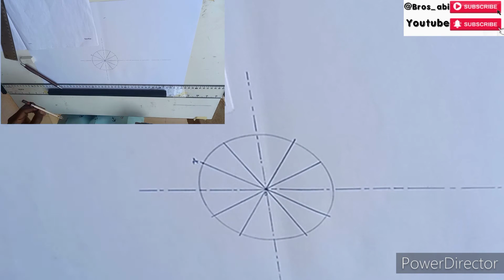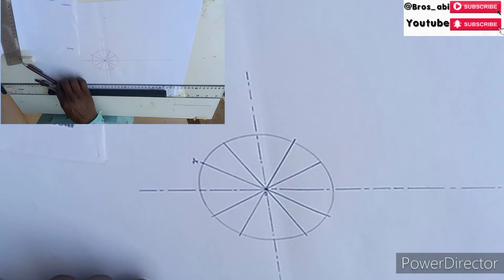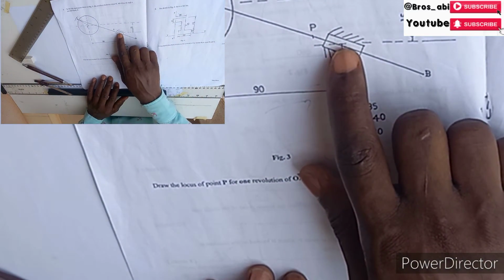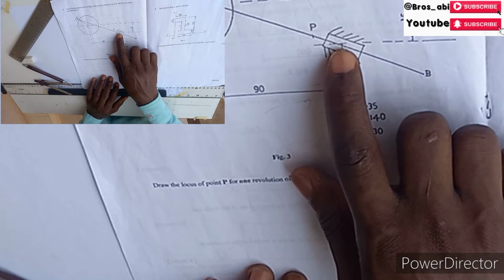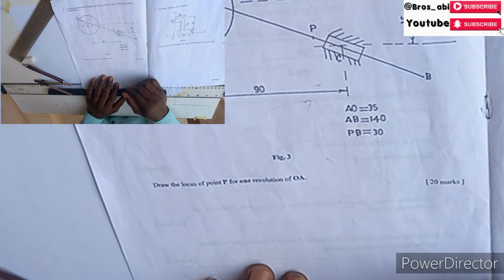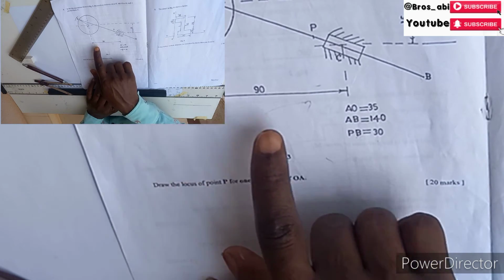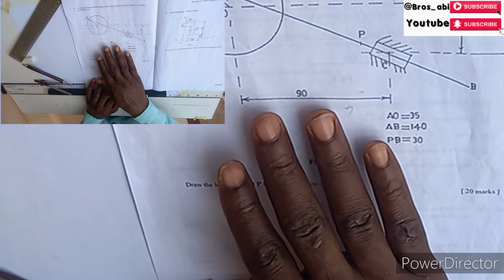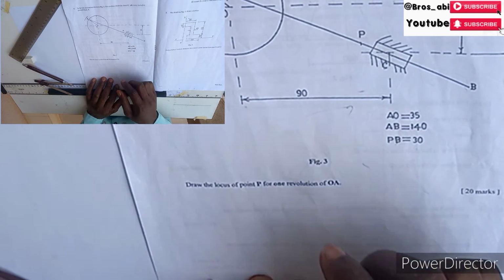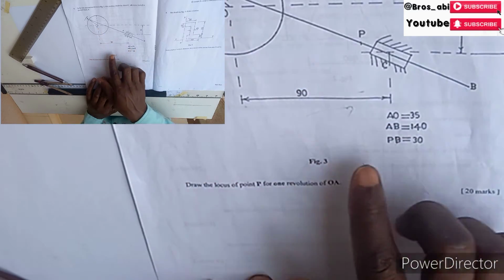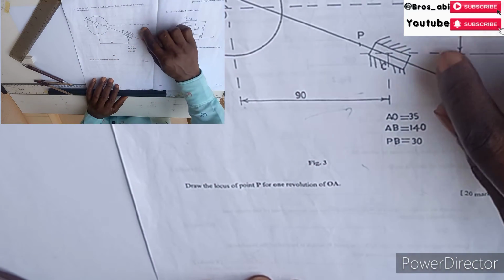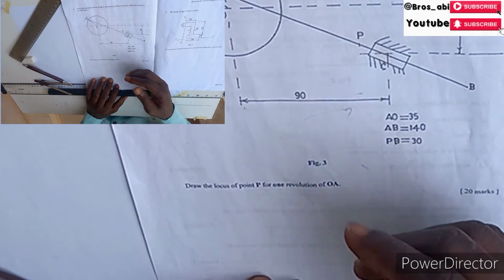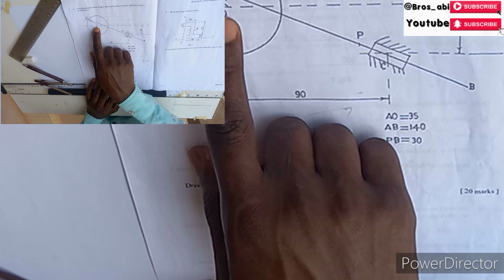Then from the question, our point C, the rigid point C, the pivoted block, is 90 millimeter far from the center of the circle, and also it is 15 millimeter downward, beneath the center.